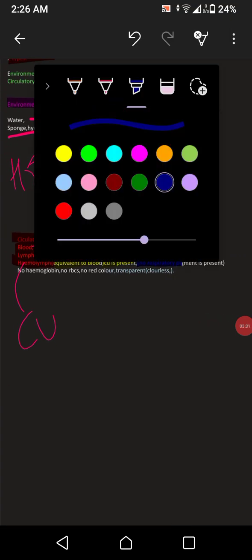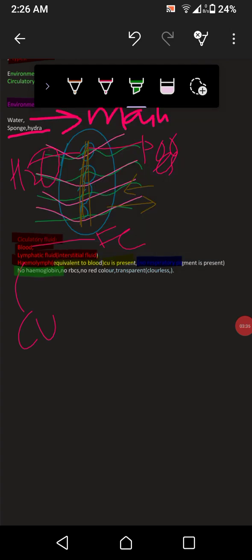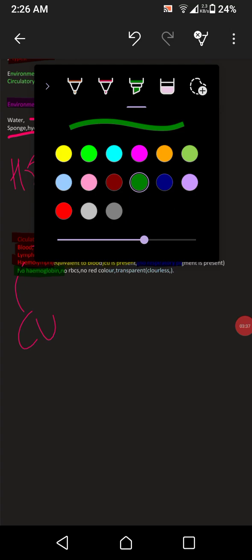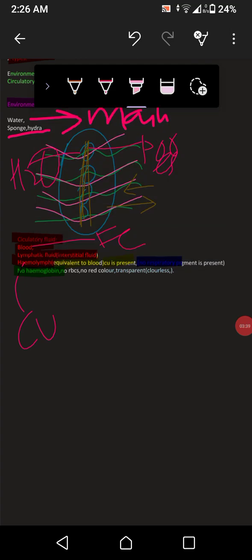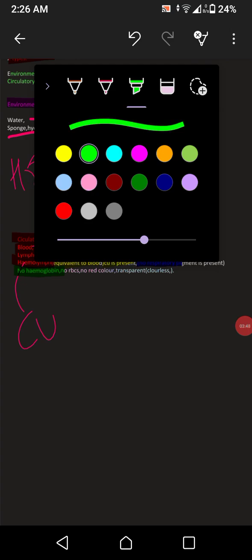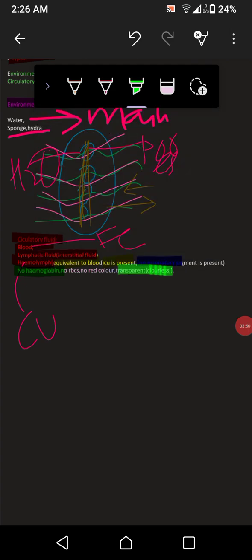So when there is no respiratory pigment, it means that there is no hemoglobin, and when there is no hemoglobin, there are no RBCs, and so no color is present. It means that the hemolymph does not have any color. It is colorless and transparent.